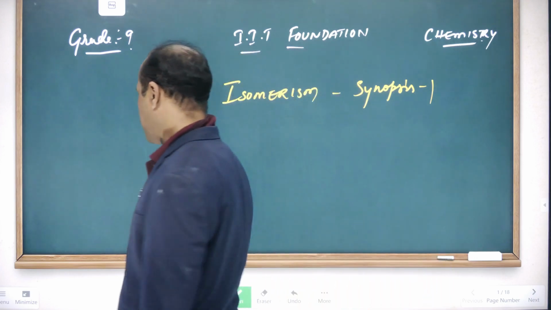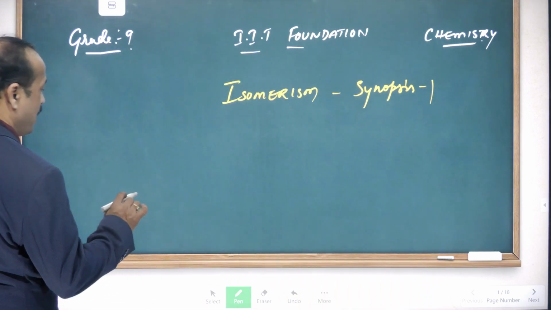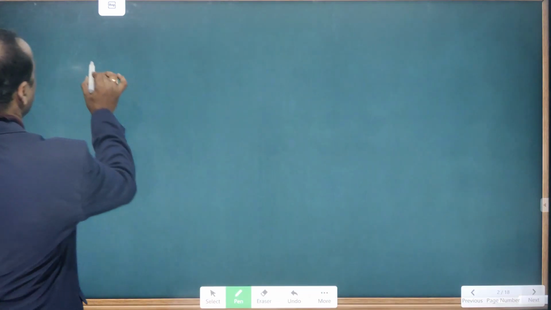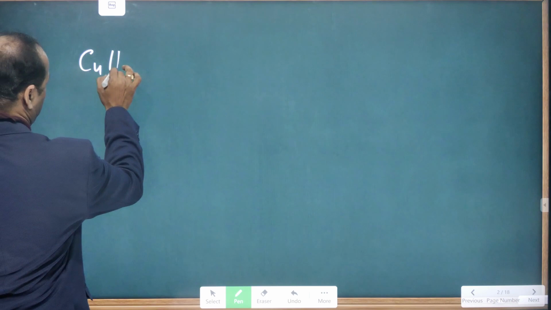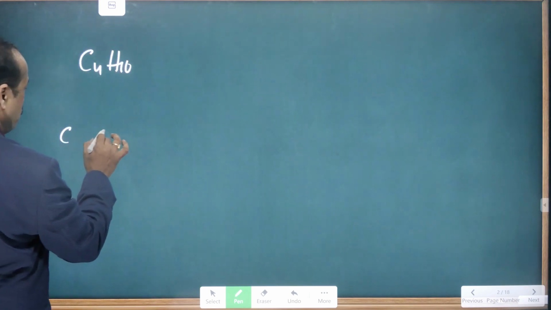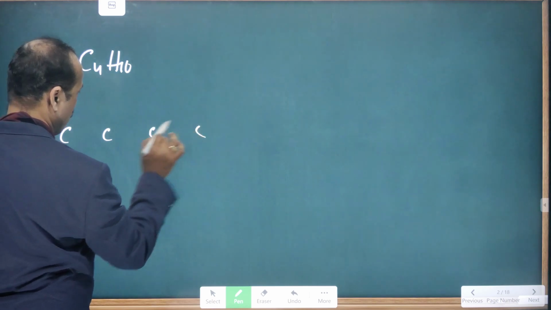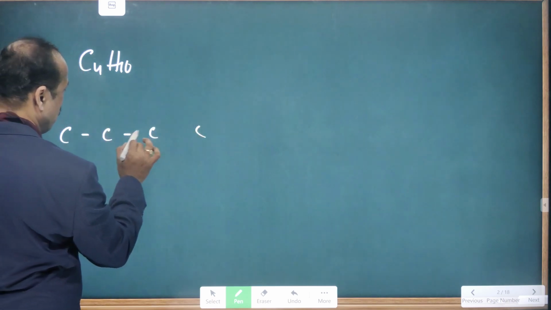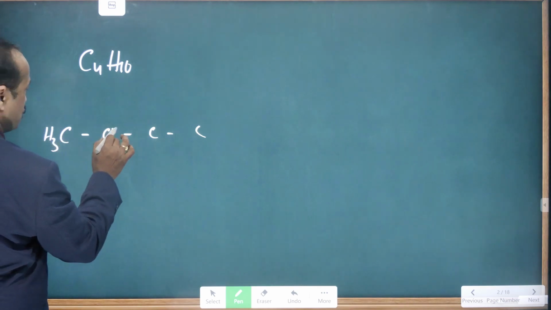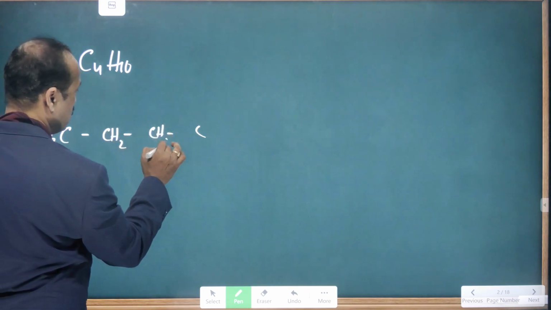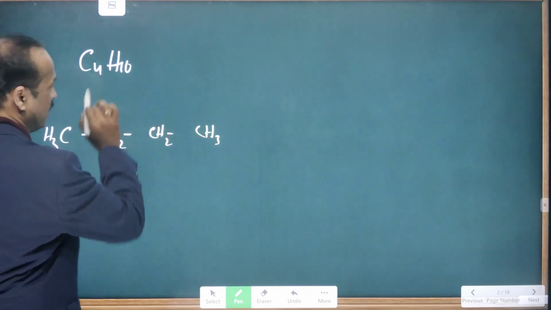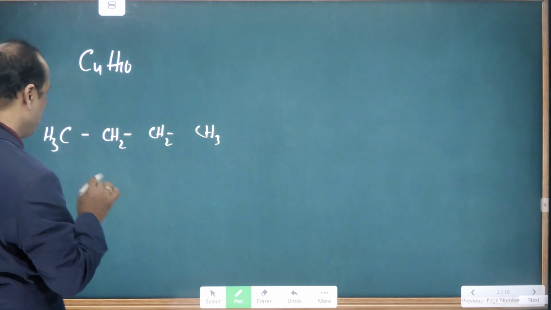For example, n-butane. The butane formula is C4H10. How can we write this? 1, 2, 3, 4 carbons with single bonds, and here we can write CH3, CH2, CH2, CH3. So 4 carbons and 10 hydrogens. This is called n-butane.